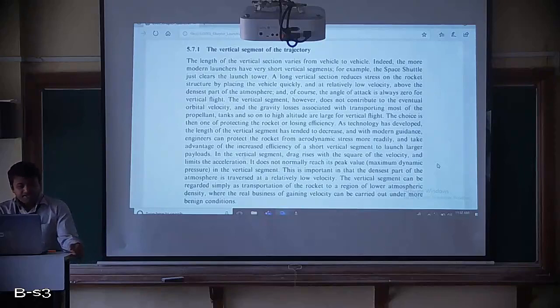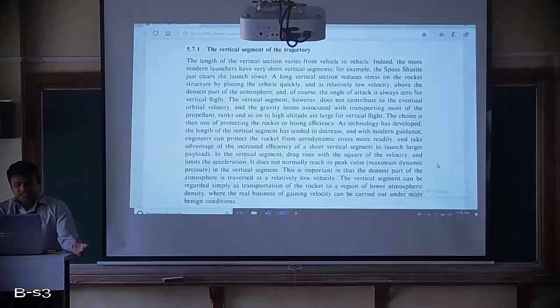In the vertical segment, the drag rises with the square of the velocity, and it limits the acceleration. At the vertical segment takeoff, the acceleration will not be high because of the drag created by the atmosphere.